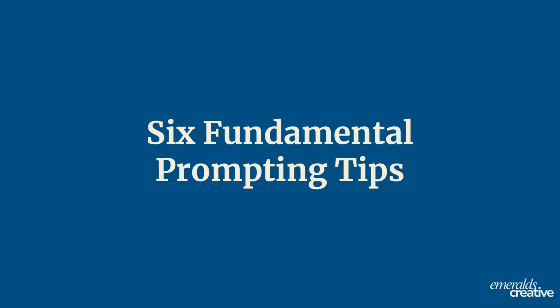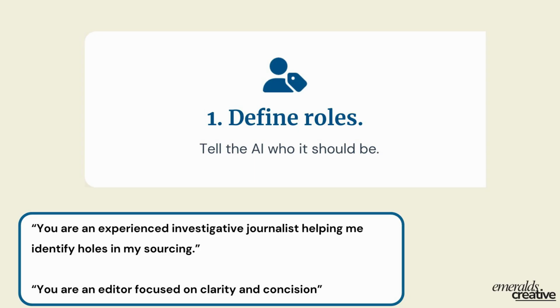Now, let's get concrete. Here are 6 fundamental prompting techniques that will improve your results immediately. First, define the roles. Tell the AI who it should be. This could shape how it responds. For example, you're an experienced investigative journalist helping me identify holes in my sourcing.